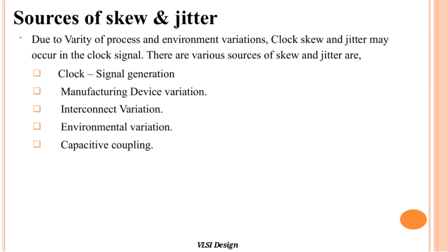Lastly, capacitive coupling, where signals interfere with each other due to close proximity, can introduce additional noise, leading to jitter. All these factors together contribute to the overall challenge of maintaining a clean, synchronized clock signal in VLSI systems. Understanding these sources helps us design more robust solutions to minimize skew and jitter.